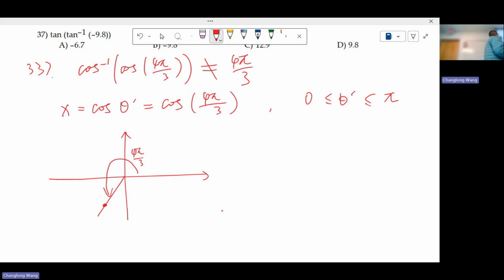So I want another terminal side, so that on the terminal side, the x is going to be the same as this guy. Can it be over here? No, it will be positive x. I want a negative x. So it cannot be in the right half of the plane, and it's going to be over here.